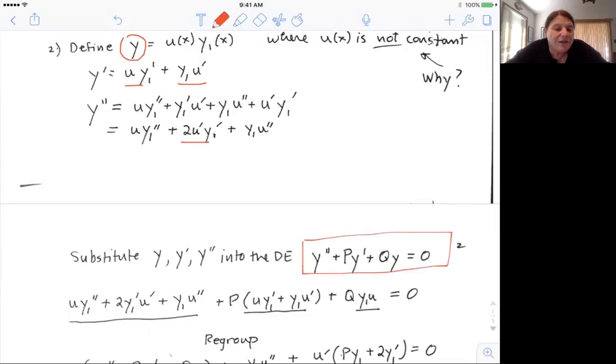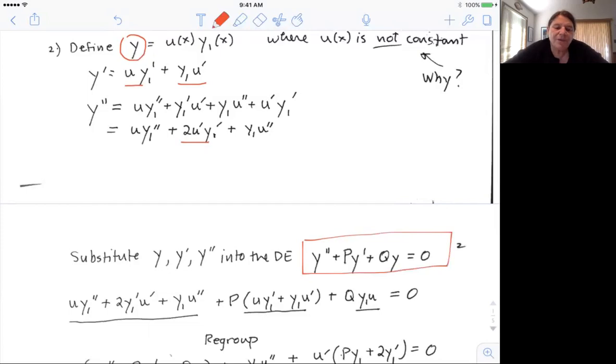But now I just know y double prime plus p y prime plus q y equals 0. P again is what you get when you do that first step of dividing through by a2 of x, and whatever's there is your coefficient function.